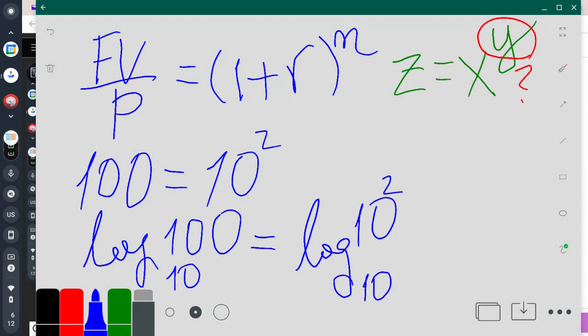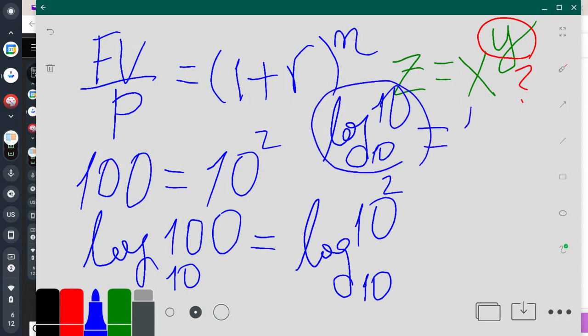So what are we doing here? Using 10 as the base, we want to express 100 by its exponent. Log of 10 to base 10 is just 1.